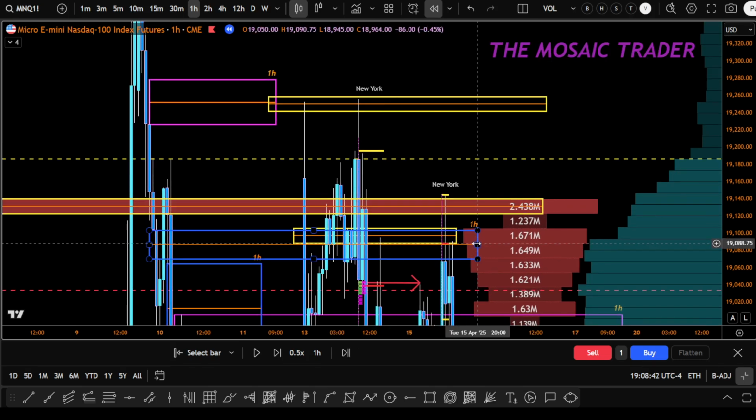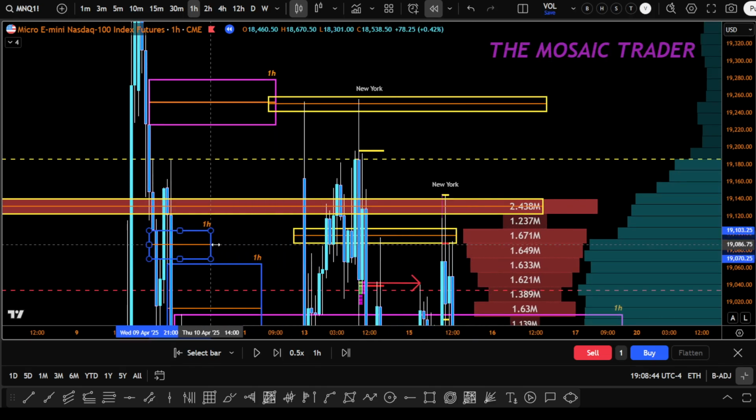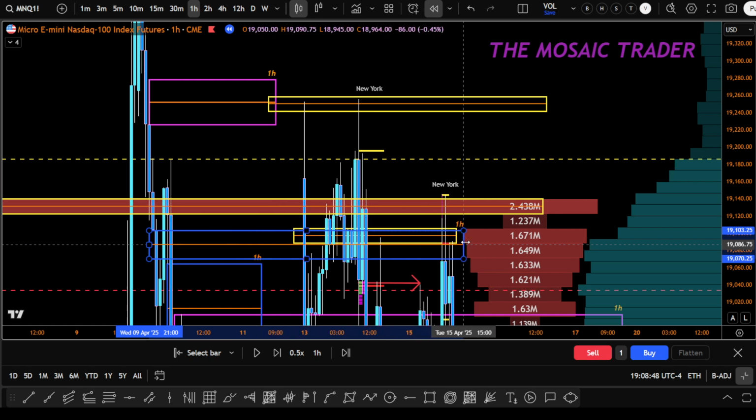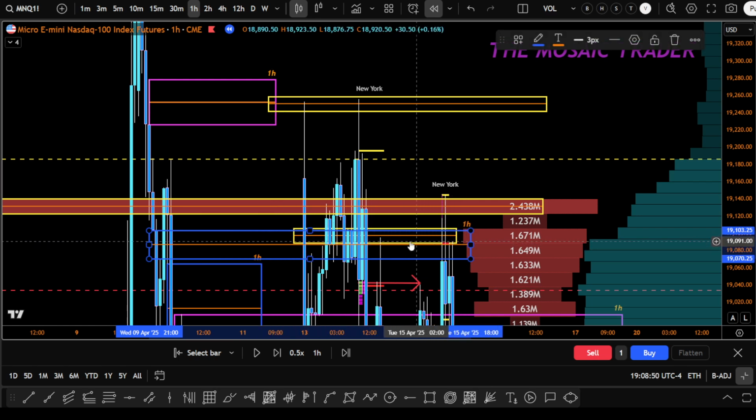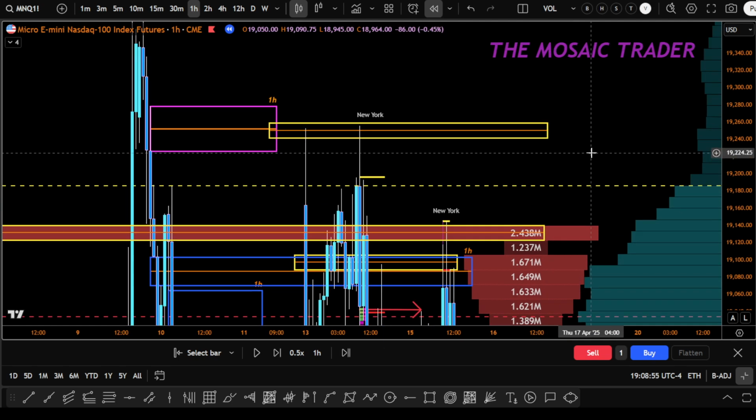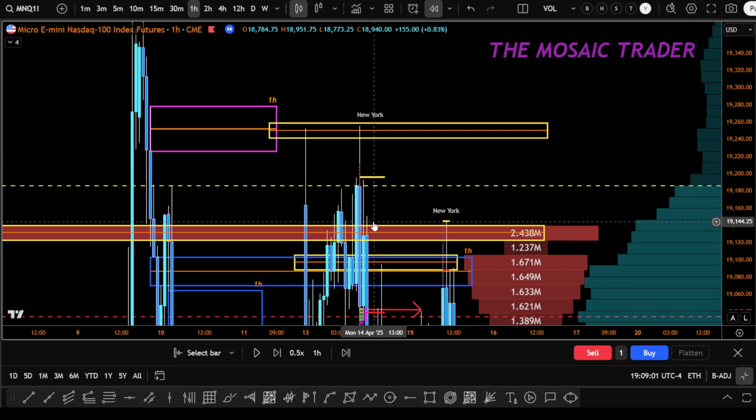And then we have fair value gaps here in blue. You can see already with confluence here, right? So yes, I do have a lot of stuff on my chart, but it's very simple. I use everything as support and resistance. That's it.